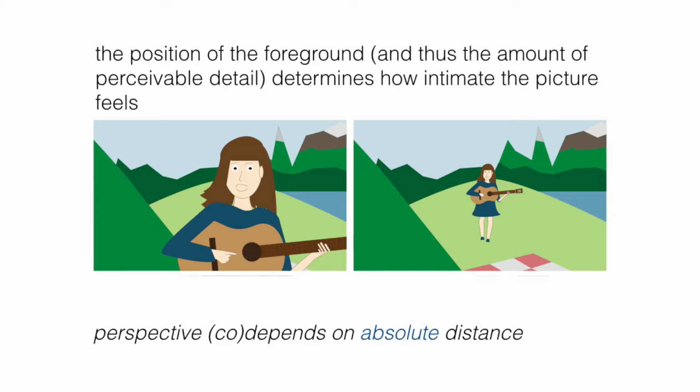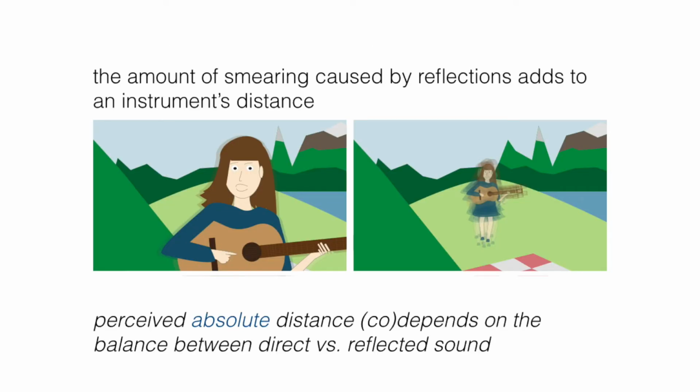So if you can perceive a lot of detail in a sound, it feels intimate. And that also depends on the amount of reflections being allowed to mess with the sound, so to speak. So if a sound is barely smeared out by reflections, it feels close. While if it's being spread out in space and being blurred, like in the second image, it also feels less intimate because it increases the apparent distance.